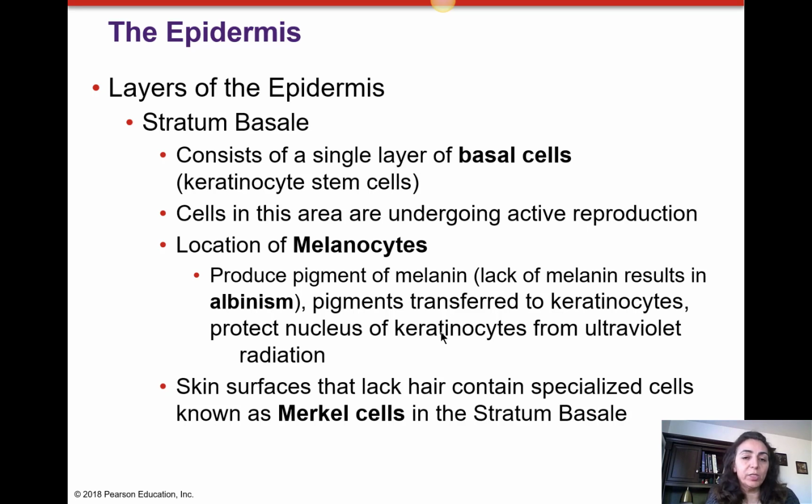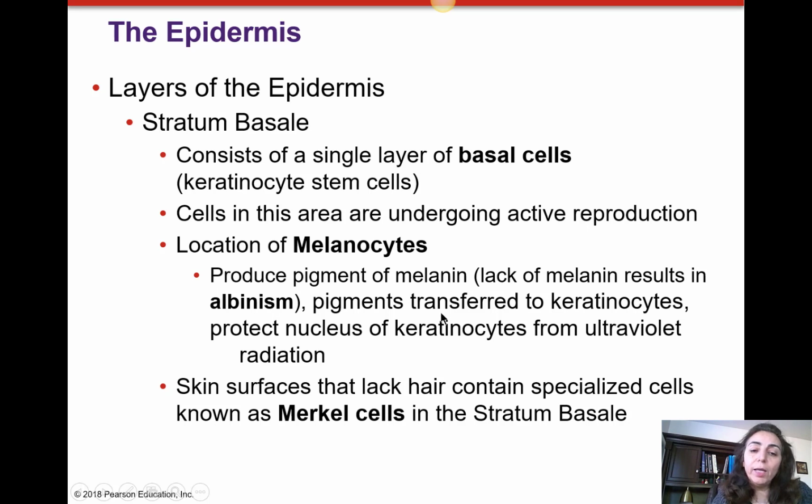Pay attention that basal cells are keratinocytes, but they're stem cells, meaning they still have the ability to divide and do mitosis. Cells in this area are undergoing active reproduction, and this is also where we have melanocytes. Some melanocytes can be seen among the basal cells, and they produce the pigment melanin.